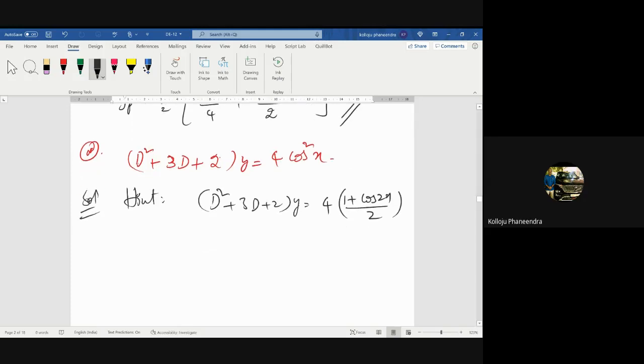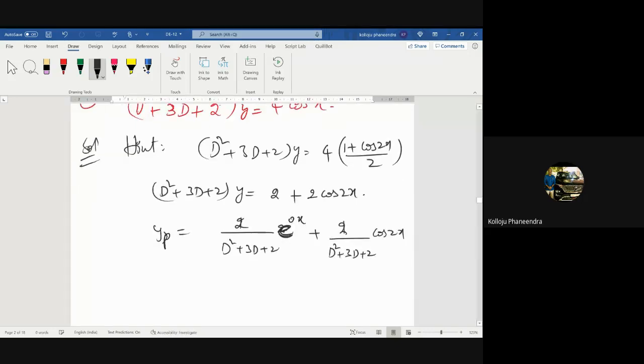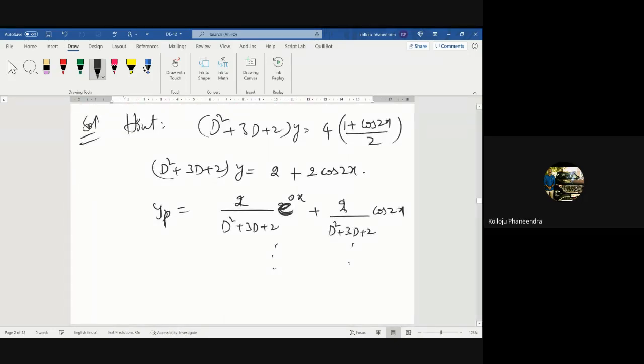Is it correct? Right. So D square plus 3D plus 2 into y equals 2 plus 2 cosine 2x. So you can find yc obviously. Coming to yp, D square plus 3D plus 2 into 2. 2 constant means, as I already told you, e power 0x, plus 2 by D square plus 3D plus 2 into cosine 2x. You know the method. You can solve this now.